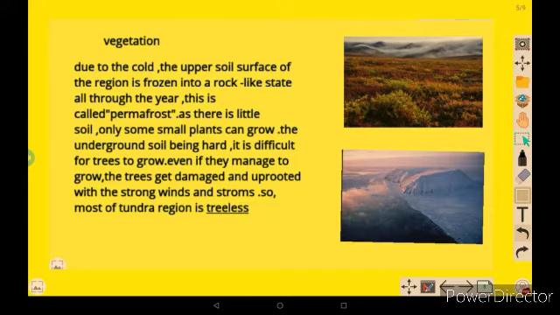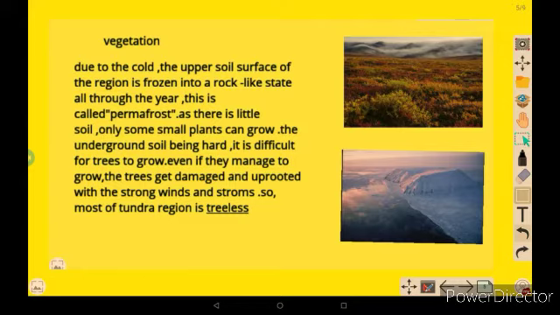Due to the severe cold, the upper soil of the tundra region is frozen into a rock-like state all over the year. Normally coldness means normal cold, but in the winter season it is extremely cold.